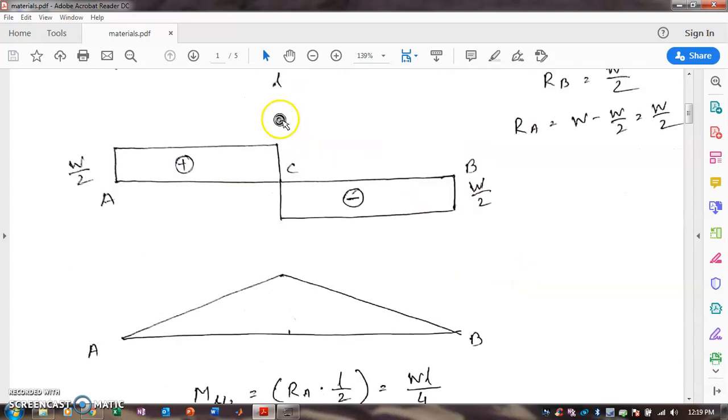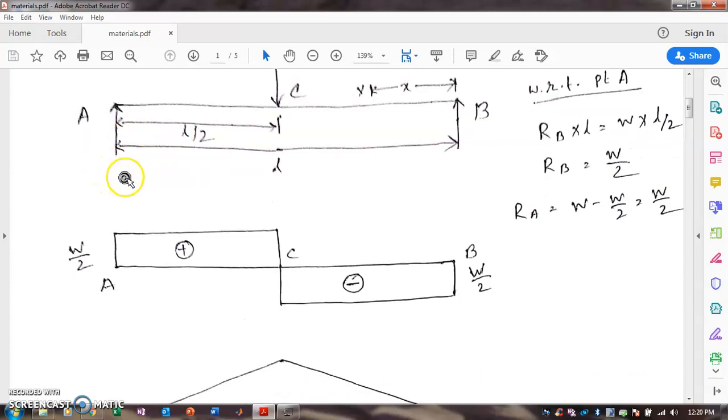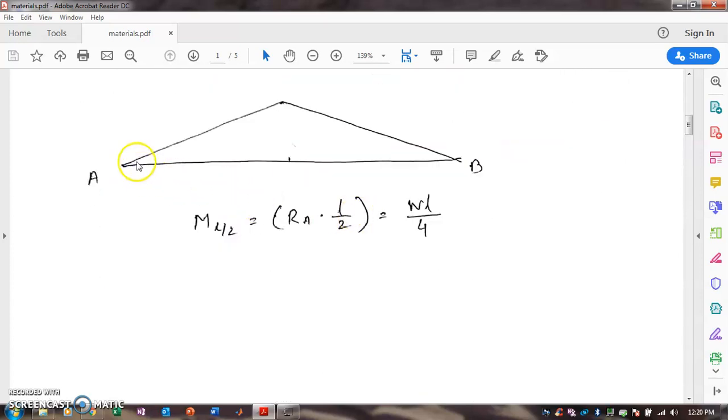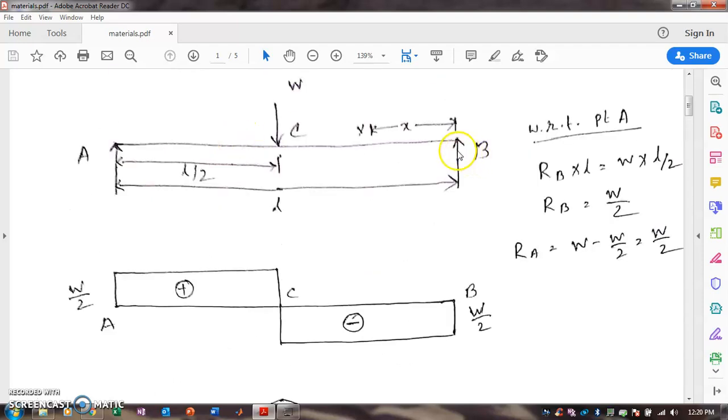At point C, if we calculate from the left hand side also, we get RA into L by 2, that is W by 2 into L by 2, the same thing, and it changes linearly. So it is positive because of the moment due to RB and the moment due to RA.